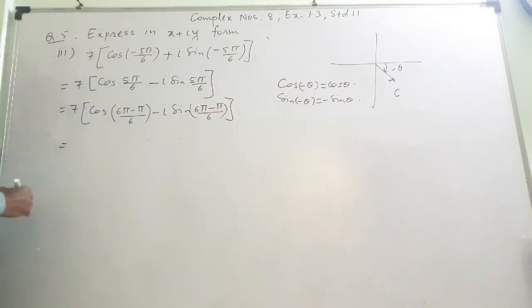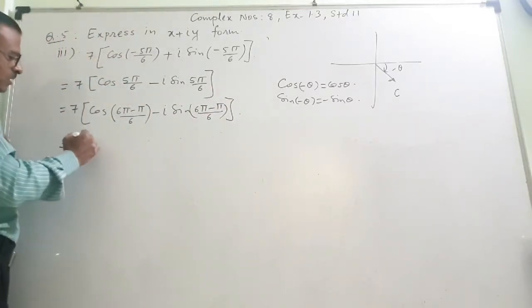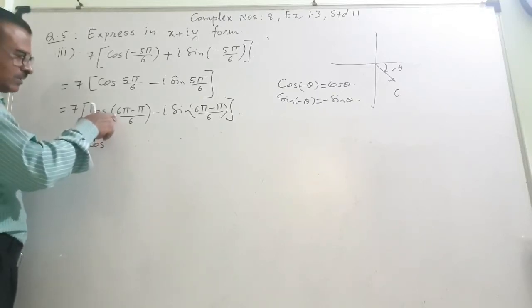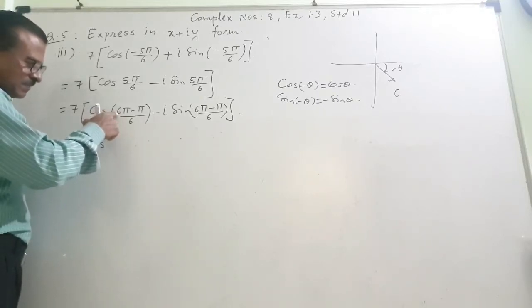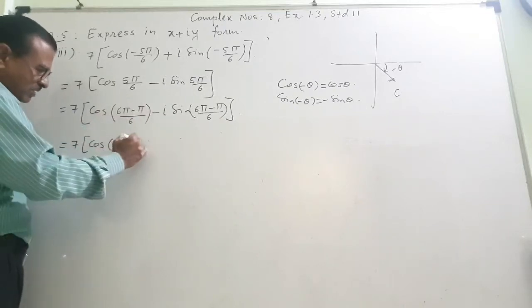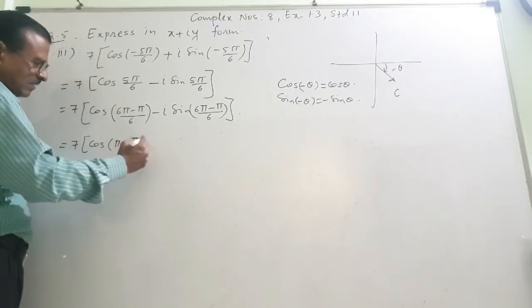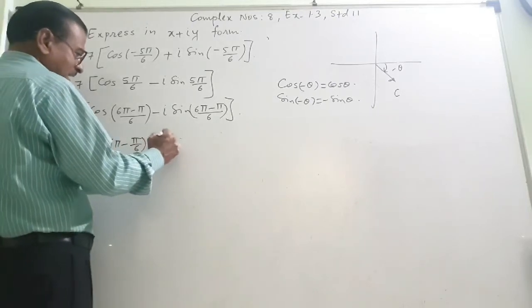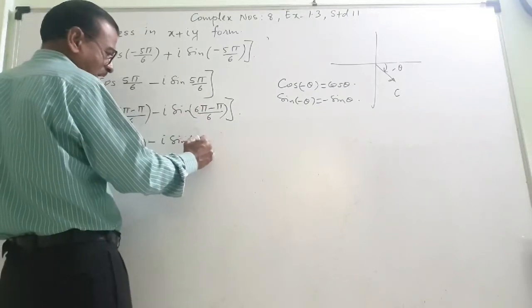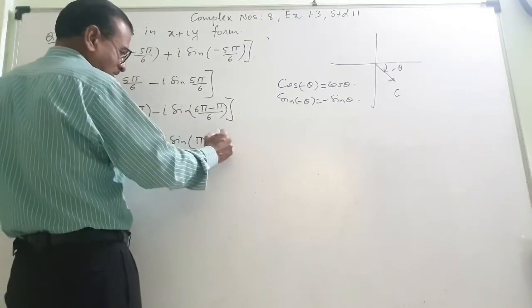So this is equal to 7 into cos of 6 pi upon 6, which is pi, minus pi upon 6, minus i sin of 6 pi upon 6, which is pi, minus pi upon 6.